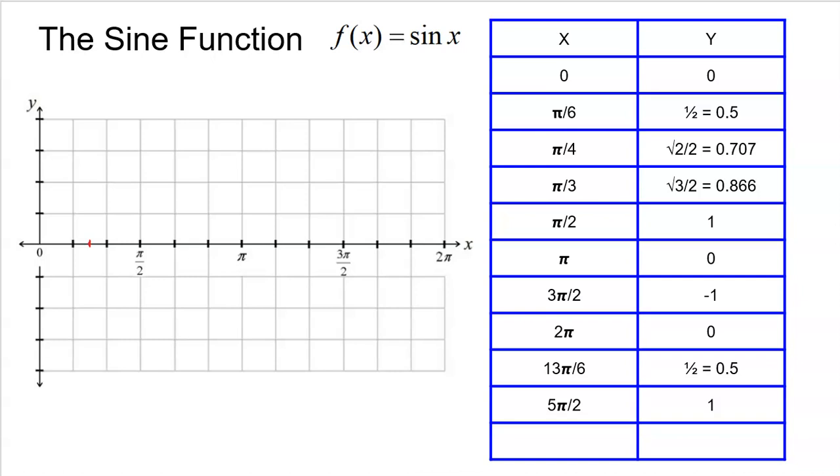And then the other thing too is, if you take pi over 2, that first quadrant, and you divide it by 3, that's your pi over 6, your pi over 3, and your pi over 2. So what I'm trying to get across is that each of these tick marks represents pi over 6. We got 1/6, 2/6, 3/6. 3/6 pi is 1/2 pi. 4/6, 5/6, 6/6. That's my pi, and so forth.